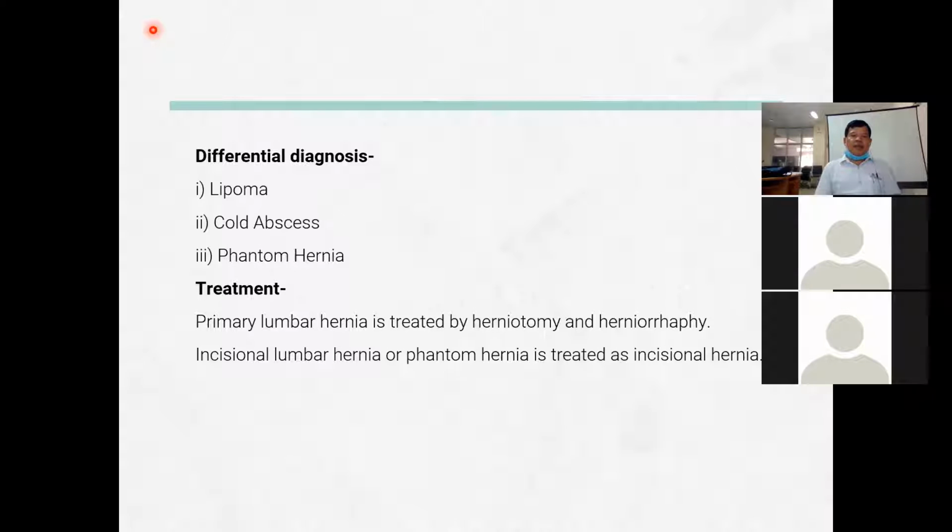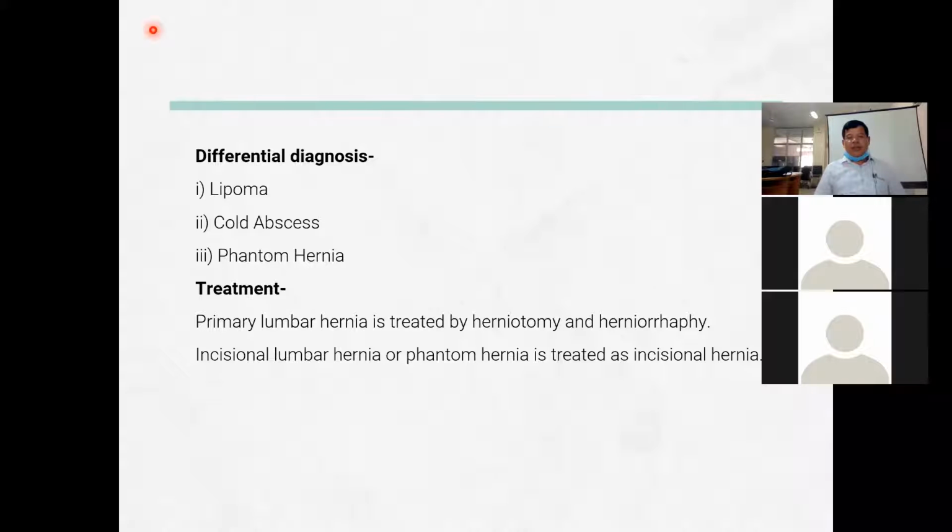This hernia, mainly the primary lumbar hernia, should be treated by herniotomy as well as herniorrhaphy and hernioplasty. After removing the sac, we can do the anatomical repair, which is herniorrhaphy, or go for hernioplasty, mainly by meshplasty in between the muscle layers.